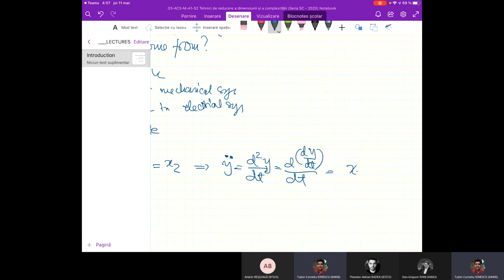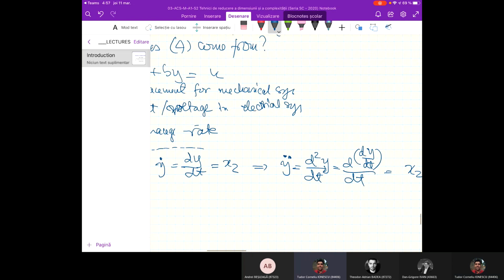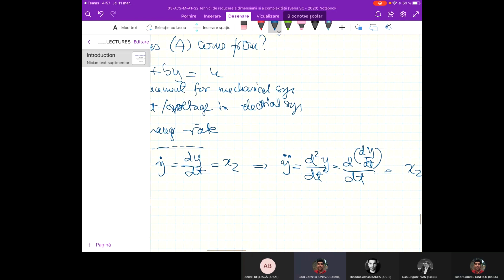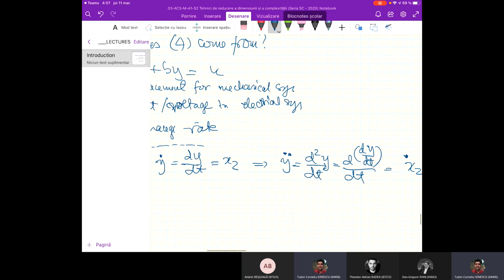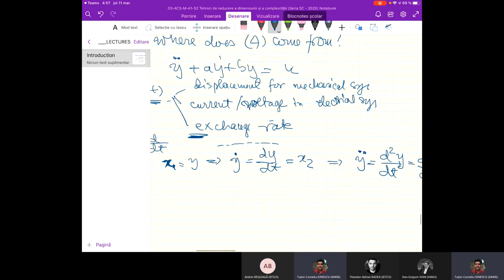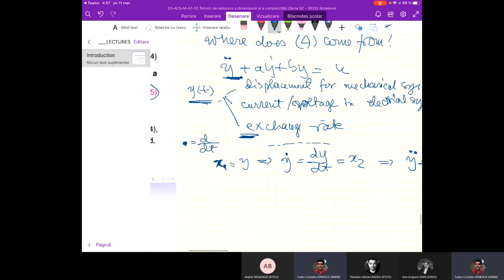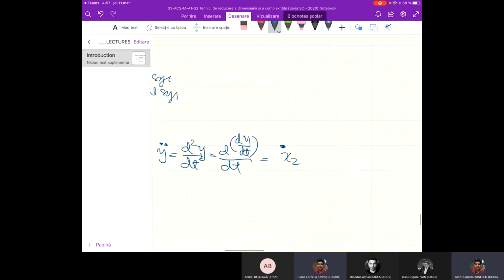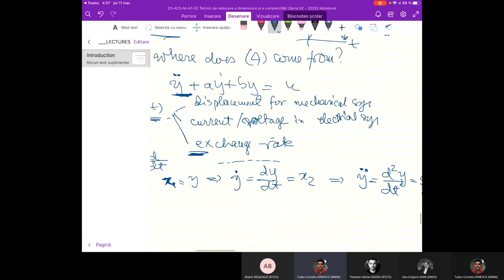This is x2. No, this is x2 dot, sorry. This is x2 dot, and x2 dot now comes from this equation, so it is minus b x1 minus a x2 plus u. Do you see that?